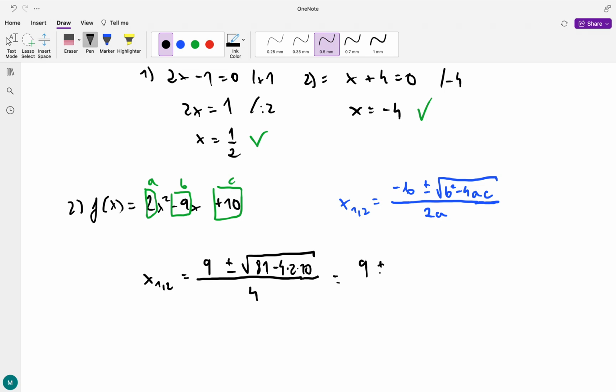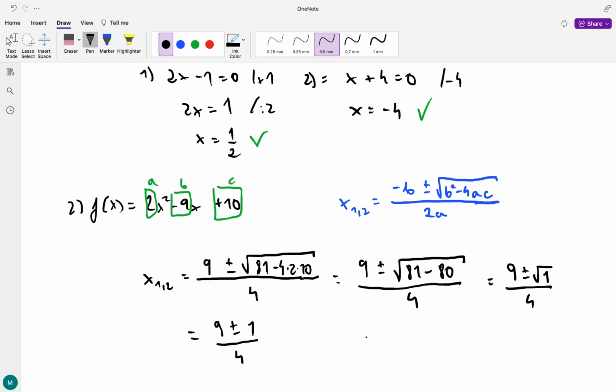So 9 plus minus the square root of 81 minus 4 times 2 is 8, times 10 is 80, divided by 2a, which we already calculated is 4. Equal sign again, and we have 9 plus minus the square root of 1, divided by 4. So it's 9 plus minus 1 divided by 4.